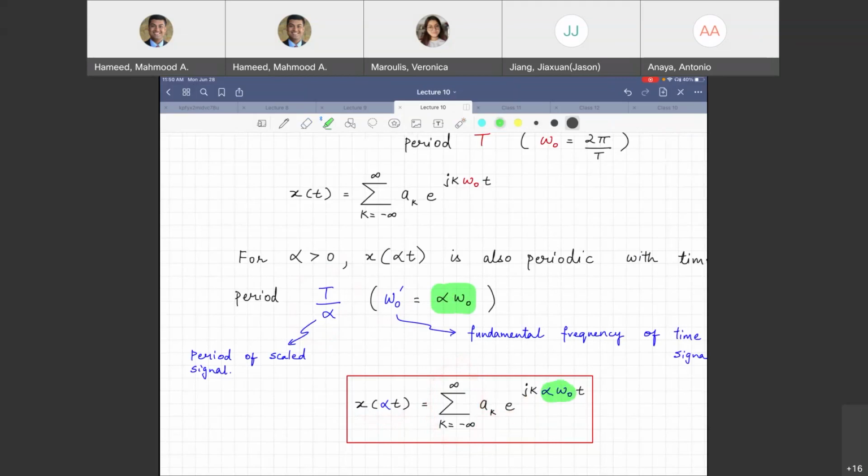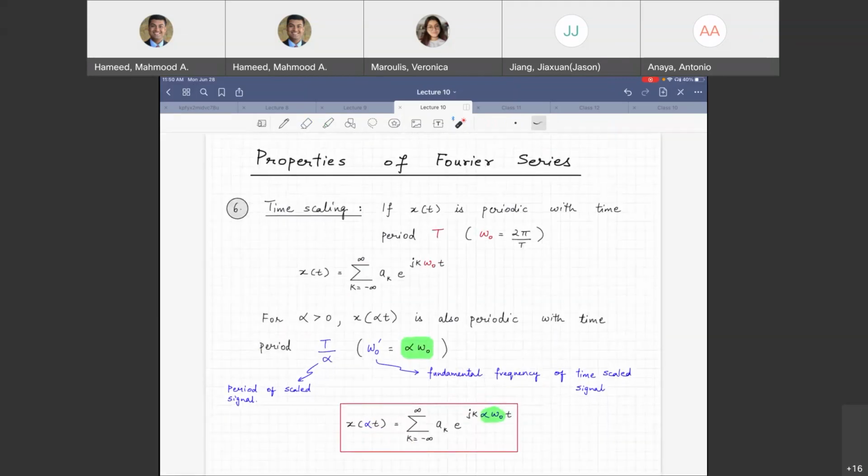The Fourier series coefficients, when you scale the signal, do not change. What changes is the Fourier series itself. You see that? The Fourier series is changing because instead of evaluating it at e to the j k omega naught t, you are evaluating it at scaled versions.